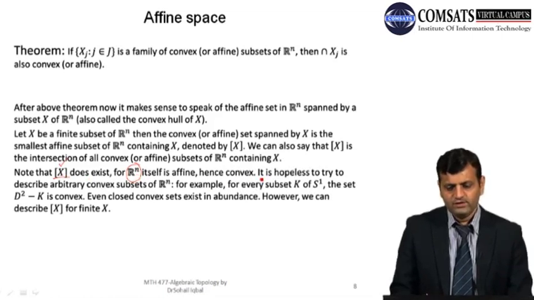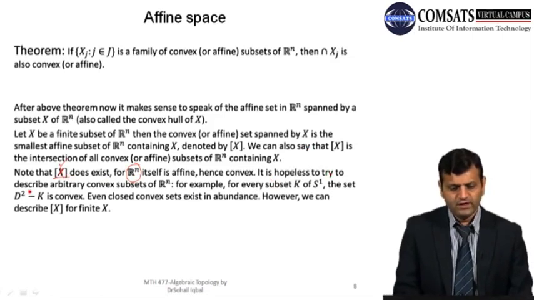Similarly for convex sets, Rn is also convex, so if you can't find any convex hull of this capital X, then of course Rn is always there. So the convex hull always exists, and similarly the affine subset of Rn spanned by this capital X will always exist.